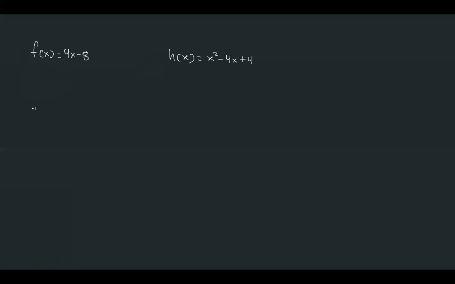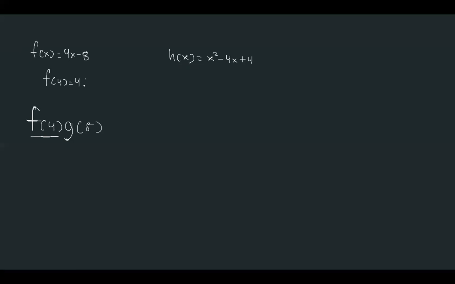What if we are asked to find f of 4 times h of 5? All right. F of 4 times h of 5. Okay. So again, we're going to find f of 4. So for f of 4, you're going to substitute 4 for your x.